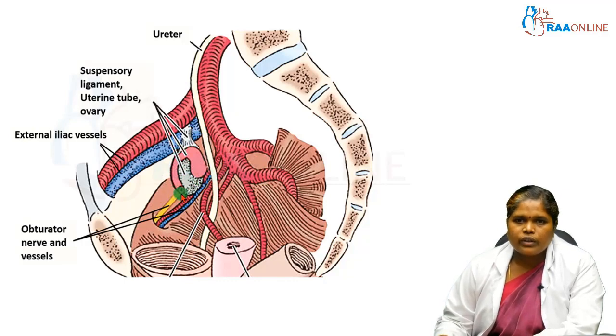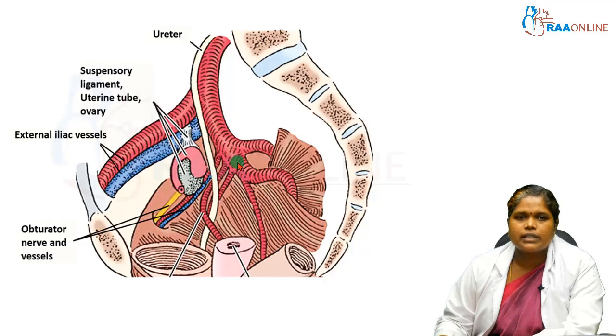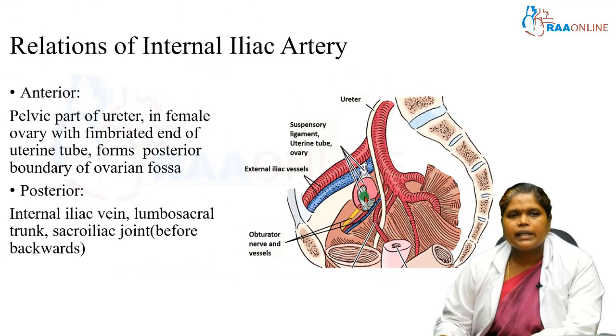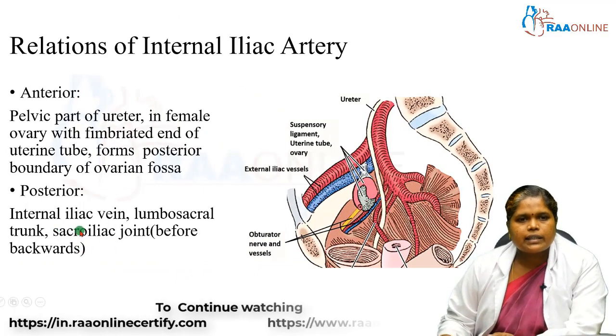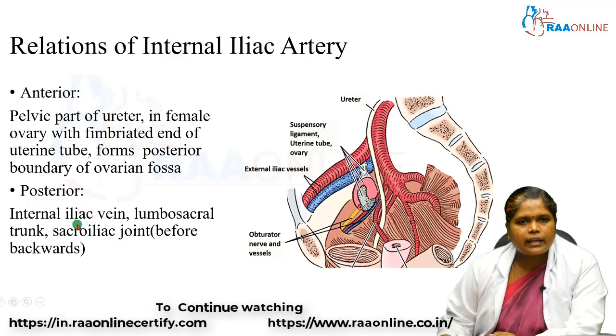So you know the ovaries are situated in ovarian fossa, and the posterior boundary of that ovarian fossa is formed by this internal iliac artery and ureter. Okay. So anterior relation of internal iliac artery is pelvic part of ureter, and in females it is ovary with the fimbriated end of uterine tube. And posterior relation, I will show in the next picture. Posteriorly it is related to internal iliac vein, lumbosacral trunk and sacroiliac joint.